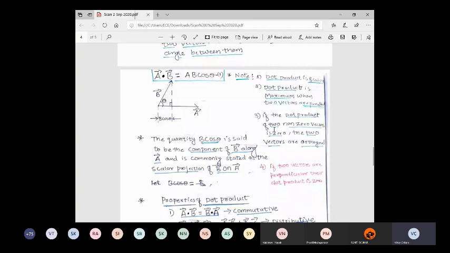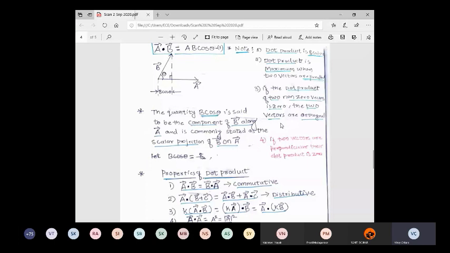If the dot product of two non-zero vectors, I have emphasized non-zero vectors, is 0, then the two vectors are orthogonal. So can you justify why it is so? Anyone, please? If the dot product of two non-zero vectors is 0, the two vectors are orthogonal.